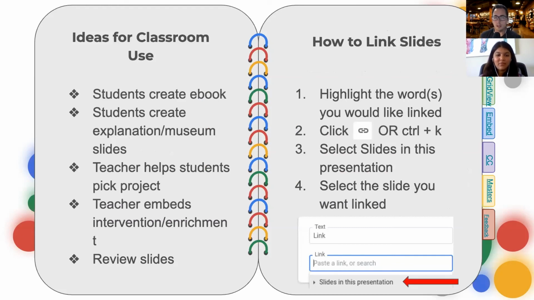So how would we do this in class, and how would we set it up? You can do this if you were going to create an ebook, or some type of explanation or museum slide kiosk that Satara was talking about earlier. We can use it to help students pick projects. So you can have different options of projects that they want to do.